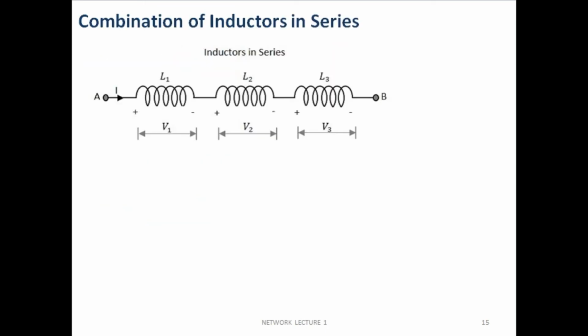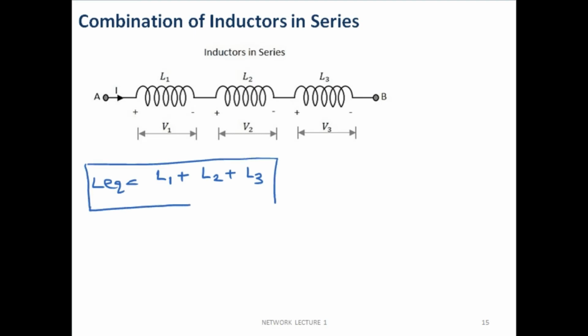Okay, so now let us see the combinations of inductors in series. Suppose I have considered three inductors as L1, L2 and L3, connected in series. So if they are connected in series, the current will be the same, that is I, and the voltage drop across L1 is V1, across L2 is V2 and across L3 is V3. So the total L equivalent will be the sum of all the inductances, that is L1 plus L2 plus L3.